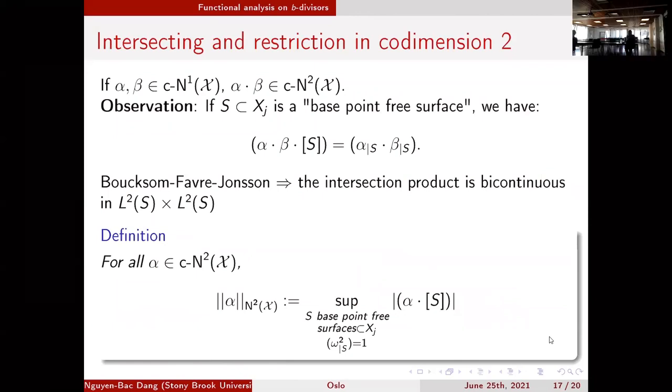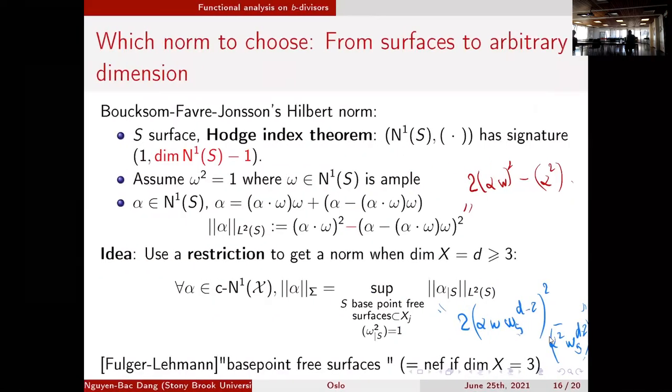And why? So can you go back one more slide to n1? So for n1, is it not possible to define a norm on n1 like what you define on n2? That is, you define the norm to be the supremum of alpha intersected with the curves.